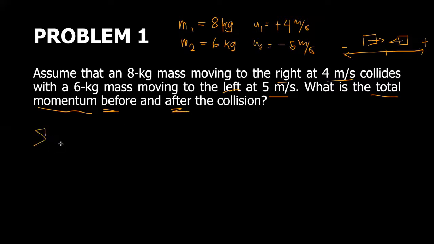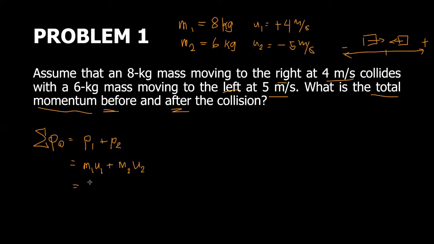Now we are finding the total momentum before and after the collision. So to find the total momentum before the collision, that's just equal to the momentum of mass 1 and the momentum of mass 2 added together. Okay, so that is the momentum of 1, that's its mass times its initial velocity, plus for mass 2, that's mass 2 times its initial velocity.